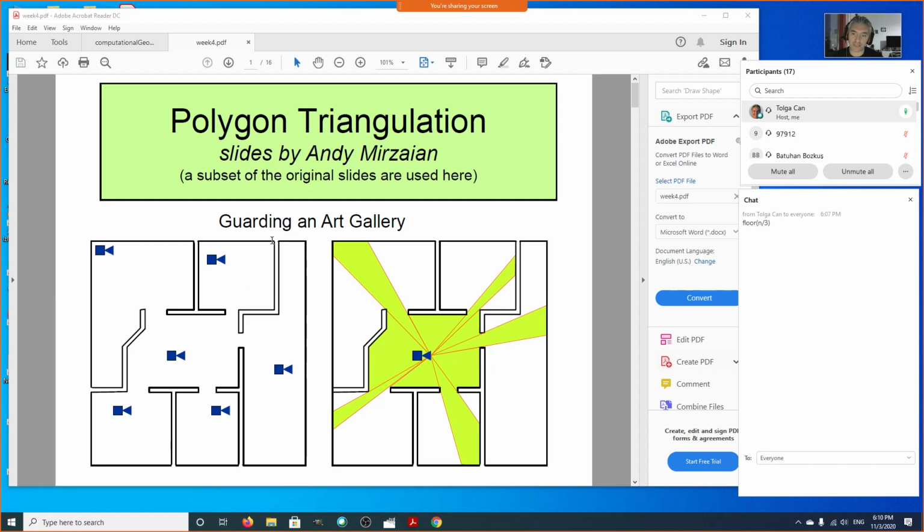So for example, I will not be able to draw a diagonal from this vertex to this vertex because it will not be a valid diagonal. So by drawing diagonals, we will create triangles.